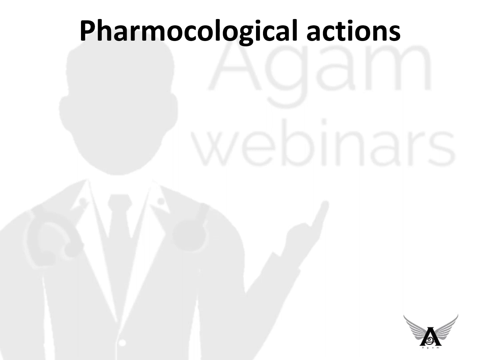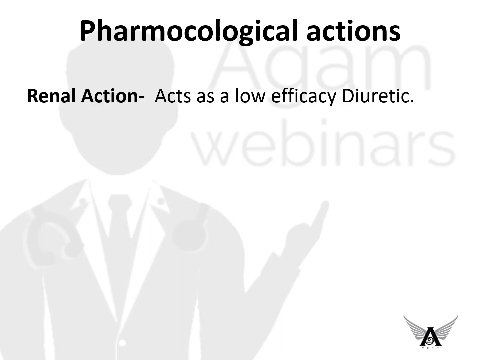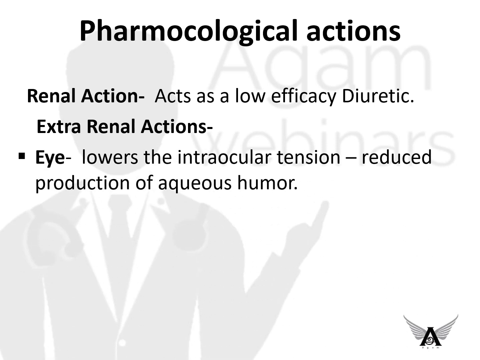pharmacological actions of acetazolamide. So there are mainly two sites, renal and extrarenal. So firstly, let's learn about renal actions. It mainly acts as a low efficacy diuretic. Okay. The extrarenal actions involved are in the eye, where it reduces the intraocular tension by reduced production of aqueous humor.